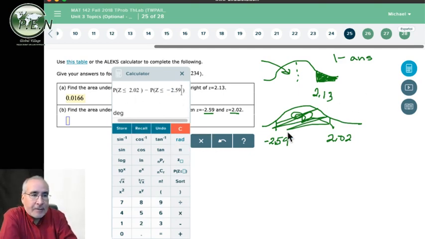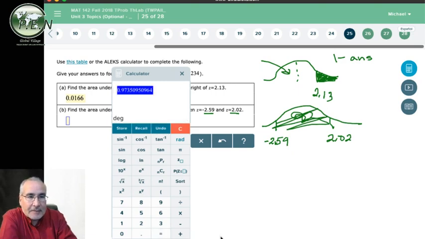Looking at that eyeball, I think it's going to be bigger than 50%, but it's 97.3. And remember, negative 3 to positive 3 was like 99.7. This seems like a reasonable answer. 0.9735. 3, 5, and next to the 5 is a 0, so it rounds down.